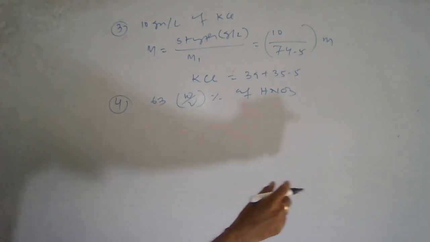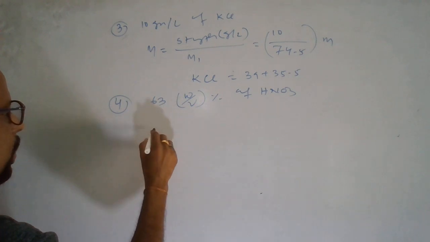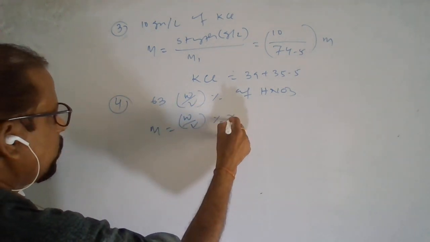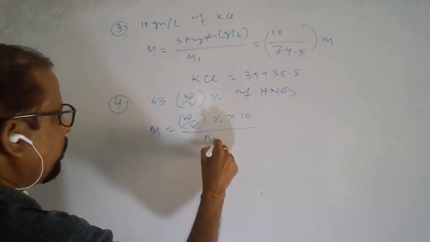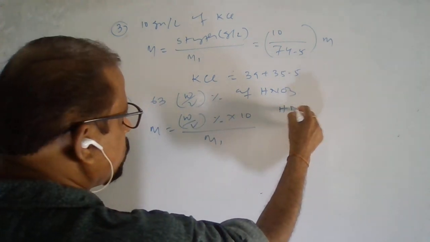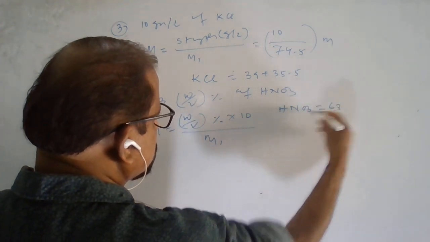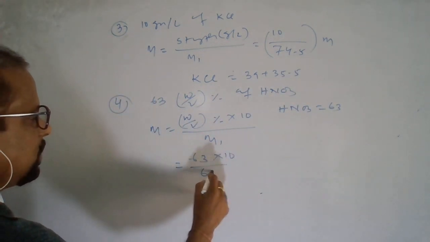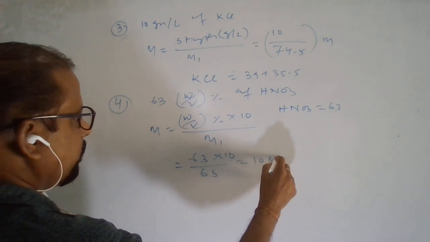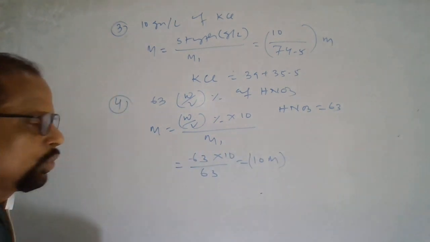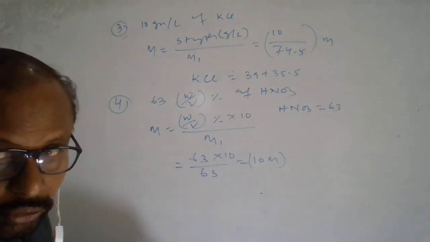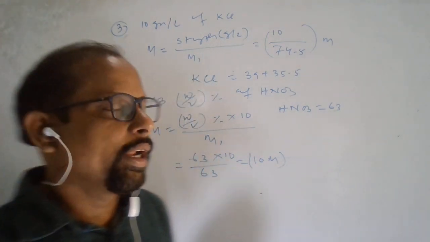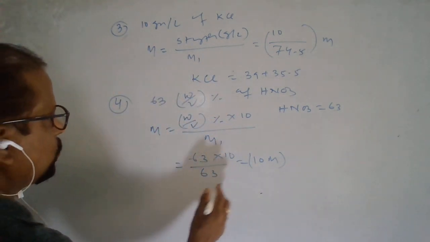So here the formula is: molarity is equal to W by V percentage into 10 by the molecular mass. For HNO3, the molecular mass is 63. So it is 63 into 10 by 63, that is equal to 10 M. So that is the decamolar solution. 5 M pentamolar, bimolar, like that. It is decamolar, 10 M solution.